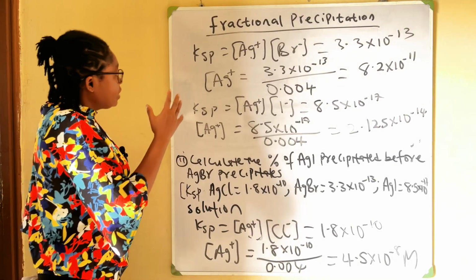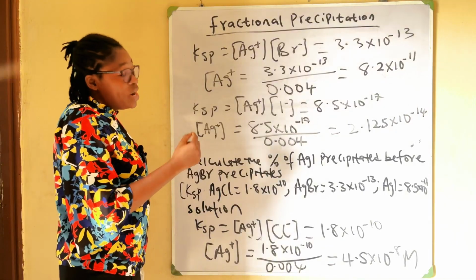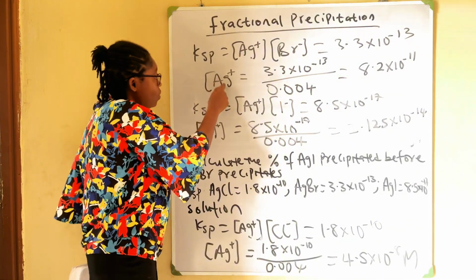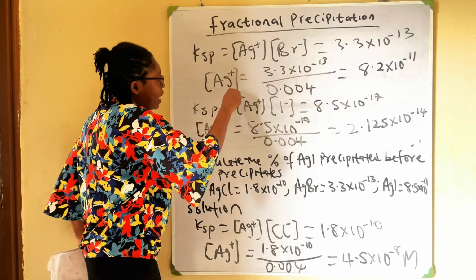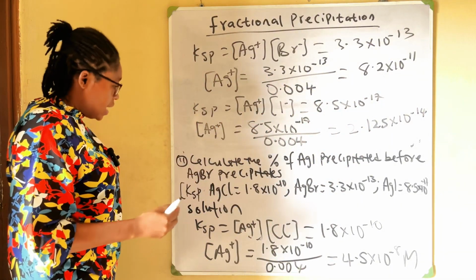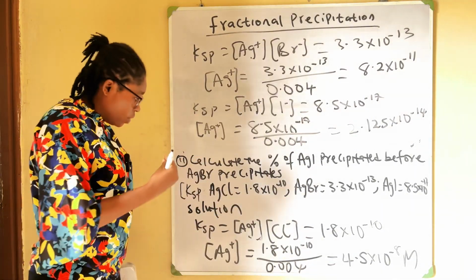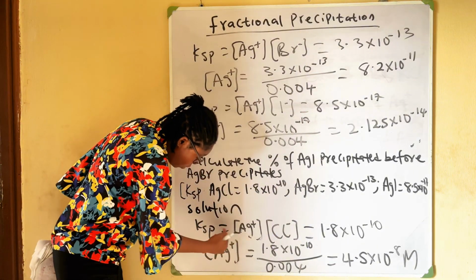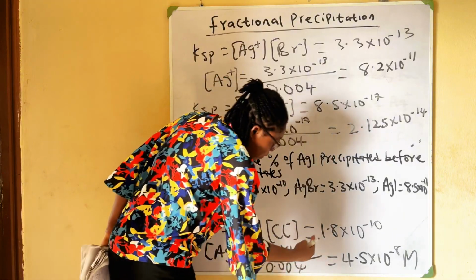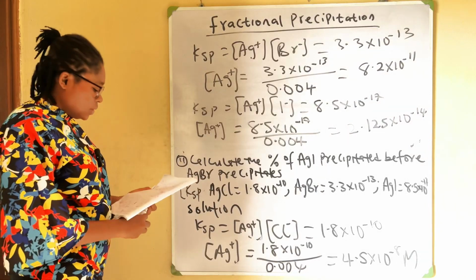Followed by silver bromide, which will precipitate out when the concentration of silver ion is greater than 8.2 times 10 raised to the power minus 11. Then silver chloride will precipitate out when the concentration of silver ion is greater than 4.5 times 10 raised to the power minus 8. So let's look at the sum.